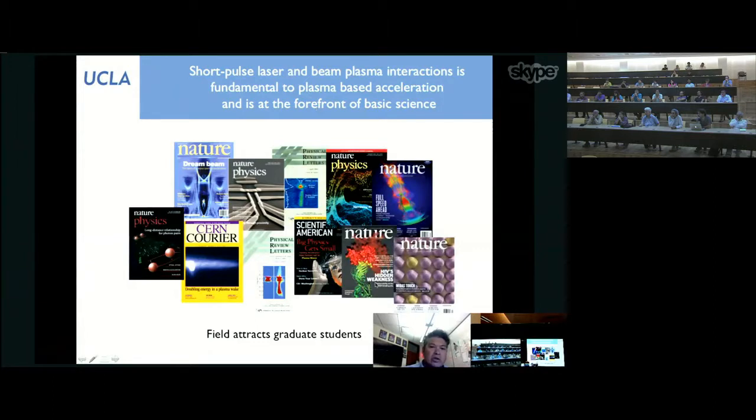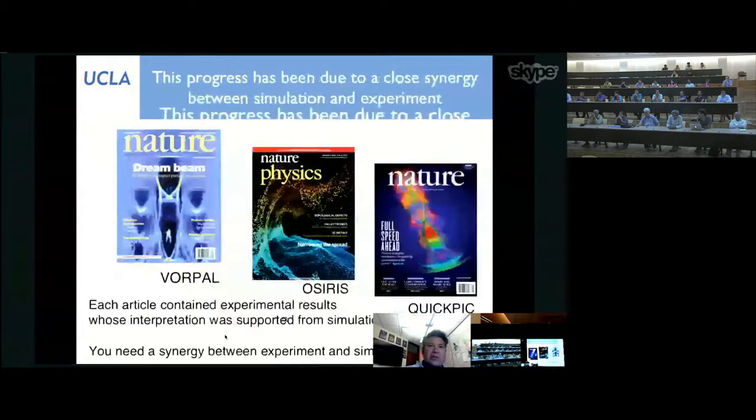So I've just shown a sample of covers of high impact journals in which an article was mentioned, or for example, here and here and here, results from those papers actually show up on the covers. And this is important because it attracts very talented graduate students, because it is such basic and fun research.